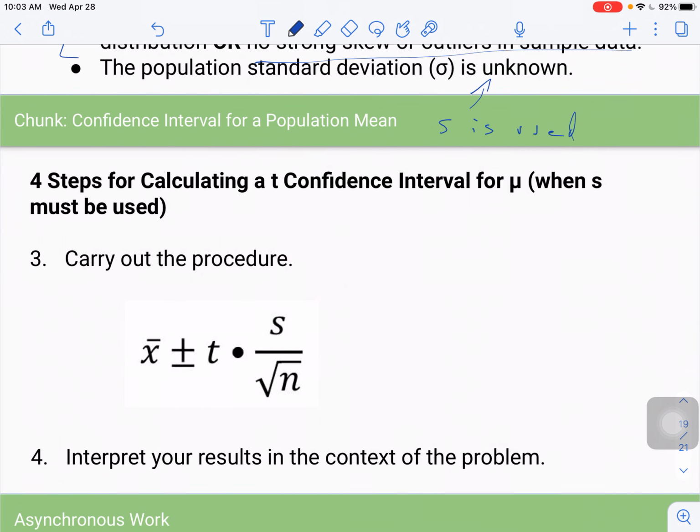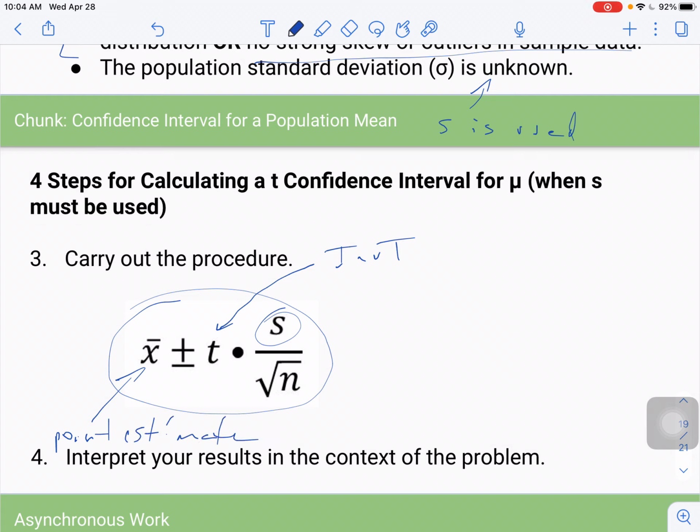Okay, so then this now is our new confidence interval formula. So notice that instead of Z, we have T. That's that critical T value, which comes from inverse T. And I can see that I'm using S there instead of sigma. So it's X bar plus or minus T times S over the square root of N. So again, X bar is what we call the point estimate.